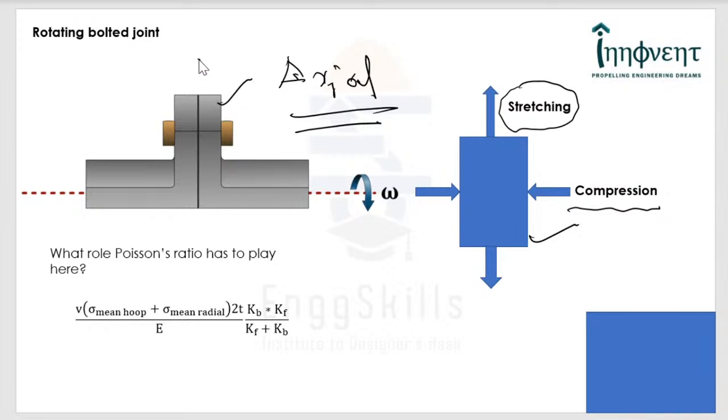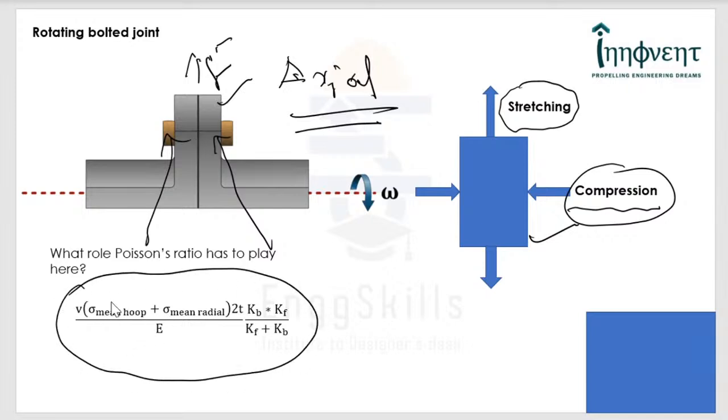When they are subjected to centrifugal pulling, what exactly happens is that they suffer a lateral contraction as shown here. As a consequence, the pressure between the flange and the nut, the pressure between the bolt head and the flange goes down, and that in fact brings down the clamping load.